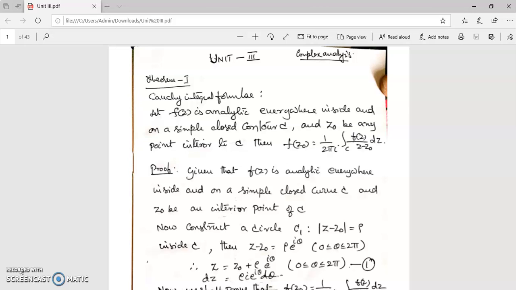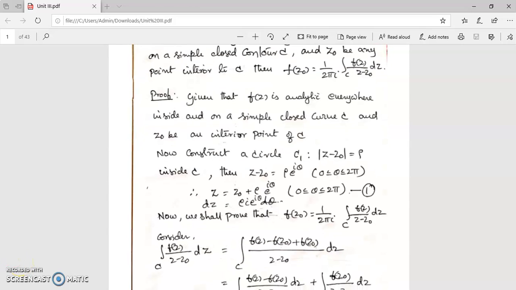Now we construct a new circle with radius rho, where z0 is the center point and |z minus z0| is equal to rho, inside C. Then we can write z minus z0 is equal to rho e power i theta.